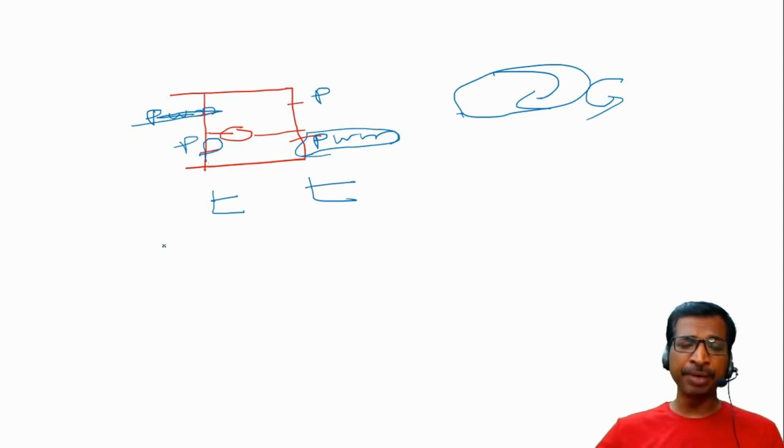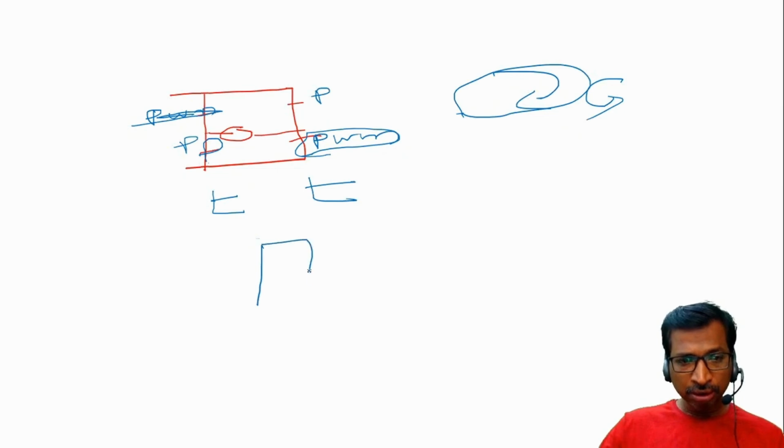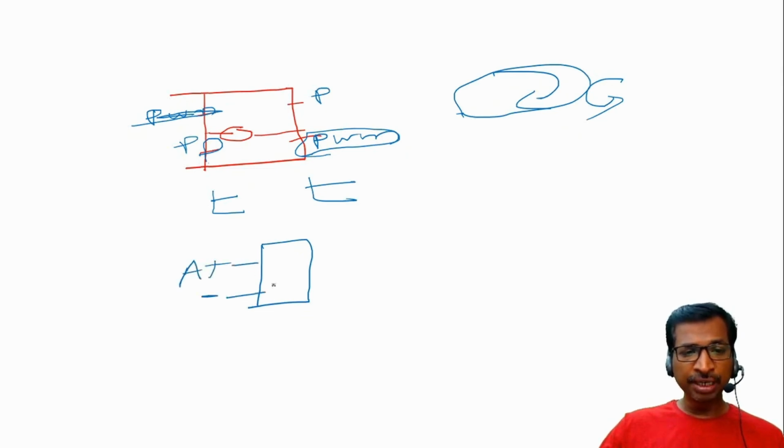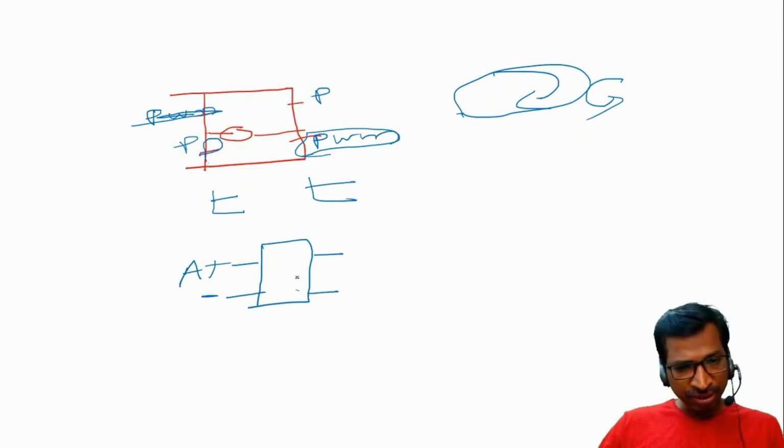In regenerative braking, a similar kind of logic we have to use. But we need an additional circuit. From the motor terminal, like armature terminal A plus and then A minus, the additional circuit needs to be connected. This circuit will capture the voltage and store it in a super capacitor or ultra capacitor.